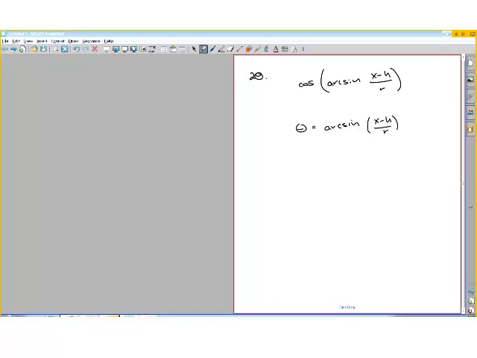Remember, the sine of theta is equal to the opposite over the hypotenuse. So we draw a right triangle. Call this theta.